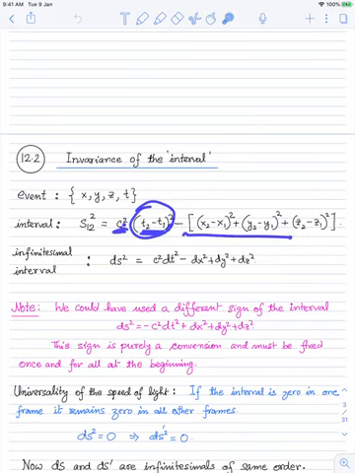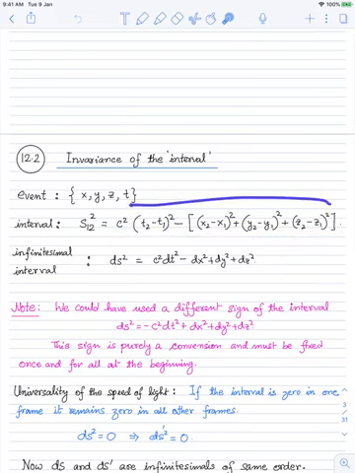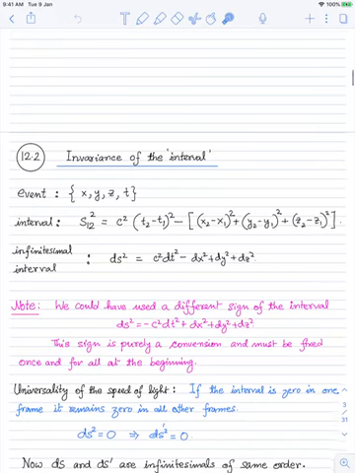And take the difference of the distance square. So this quantity is what I'm going to call the interval. You might think, why am I looking at this quantity? You will soon realize why. You will see the importance of this interval. It's going to be very, very important in what we are discussing.